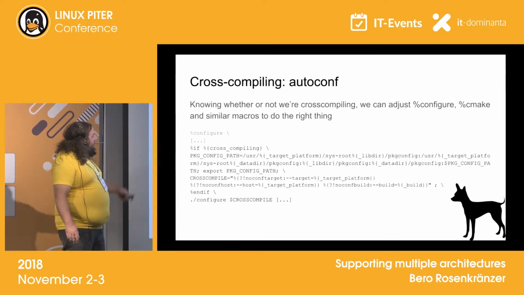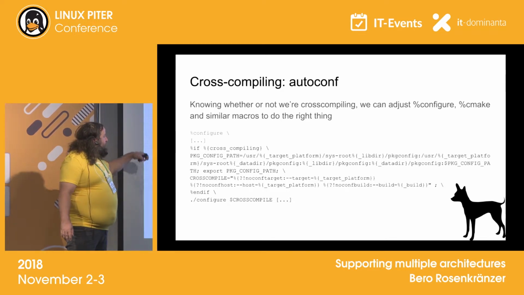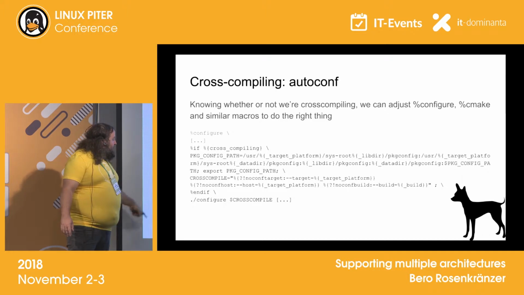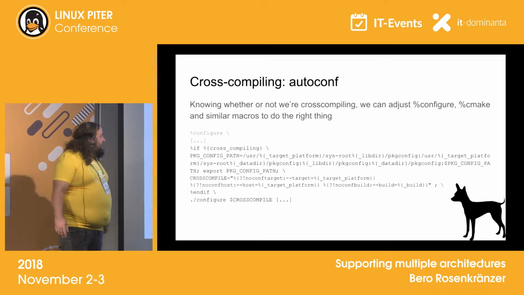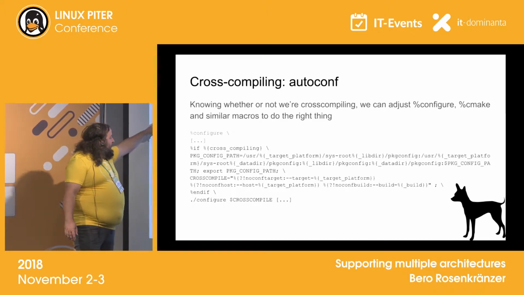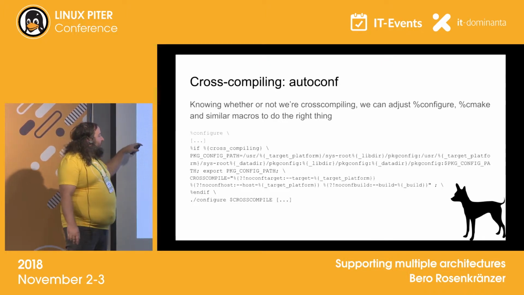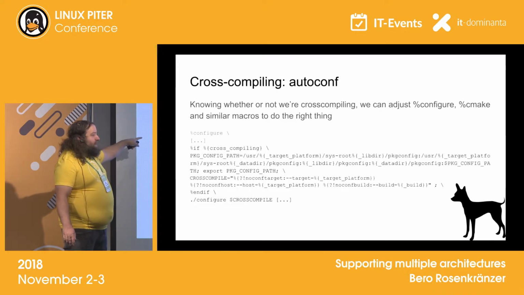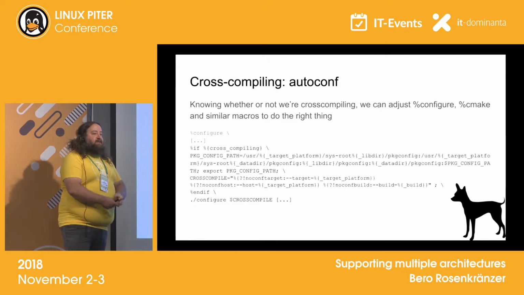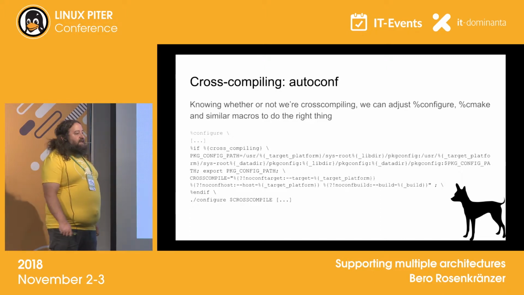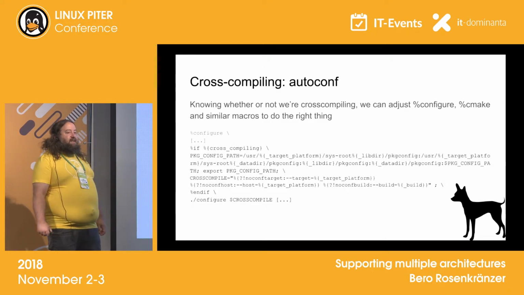So in addition to what it always said, which is defining it as configure and then running ./configure, we are now detecting if we are cross-compiling. If we are cross-compiling, we first set package config path so that tools using package config will find the right directories in the cross-compiler directories instead of grabbing the libraries from the system.